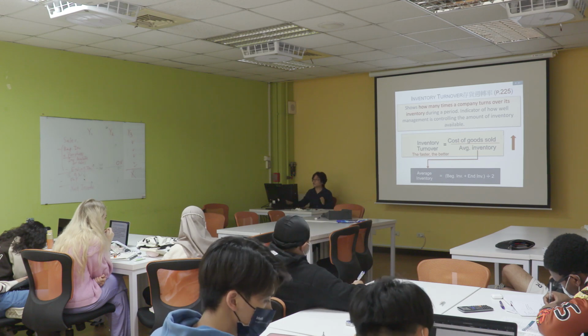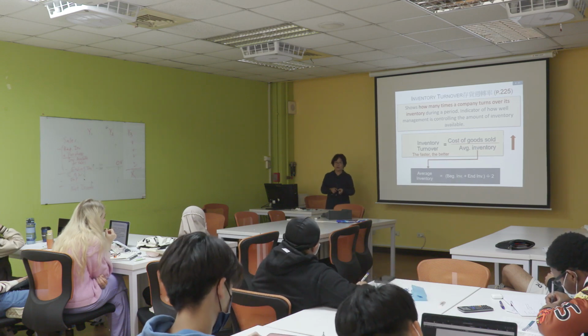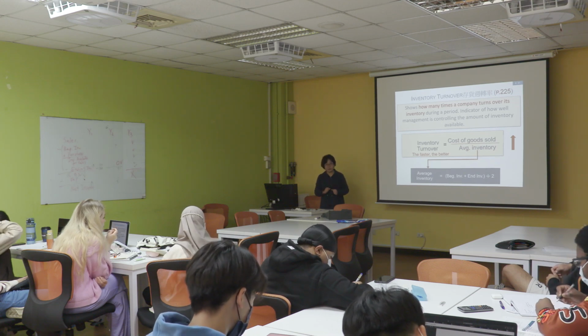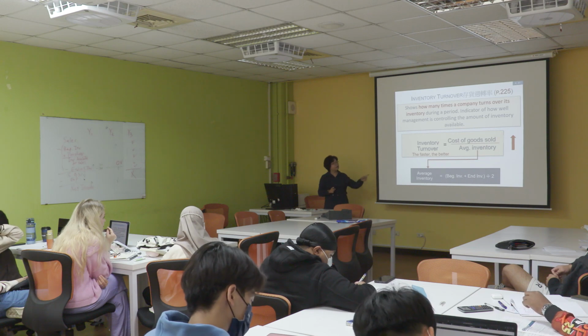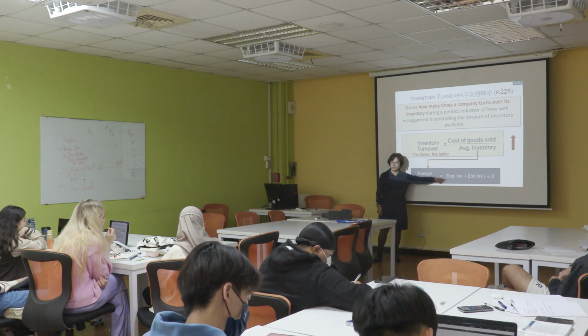But how to calculate? The formula is total cost of goods sold divided by, don't forget, average inventory. Again, remember from the prior chapter, we said average assets. Always the beginning added up with the ending divided by 2. We say that average. Here again, for inventory you should get the beginning inventory number.